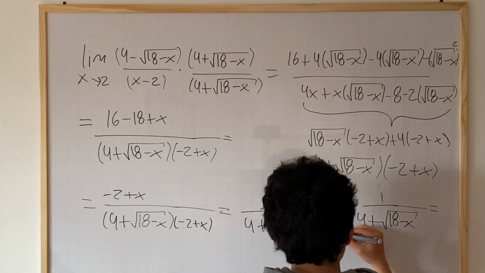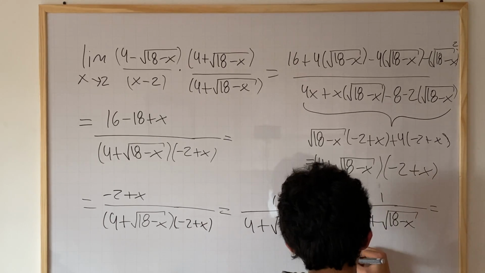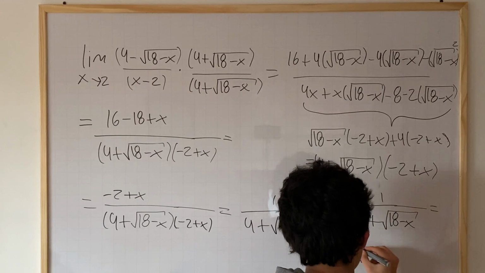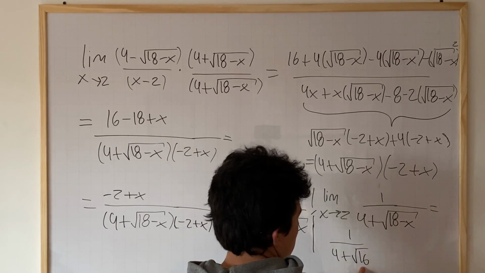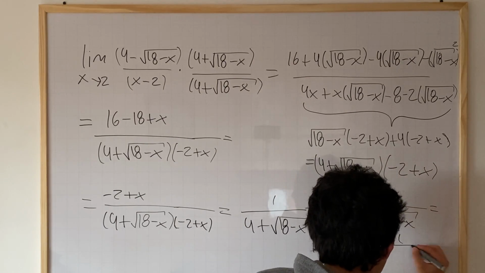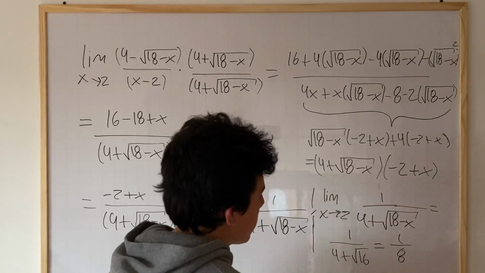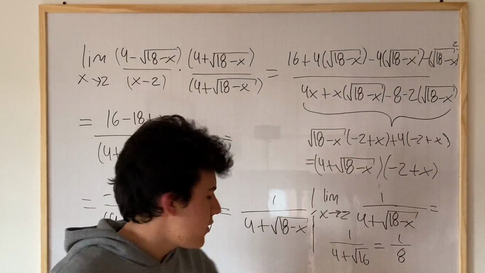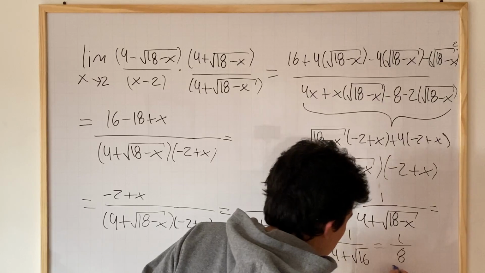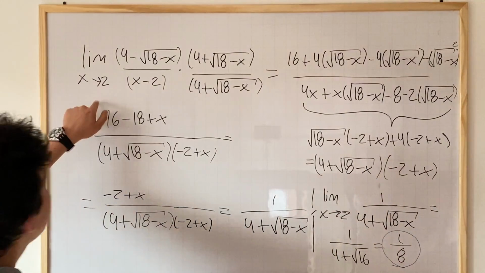So this is equal to 1 over 4 plus square root of 16. This is just gonna be 4 plus 4, which is 1 over 8. And this is our answer. This is gonna be our answer for this limit.